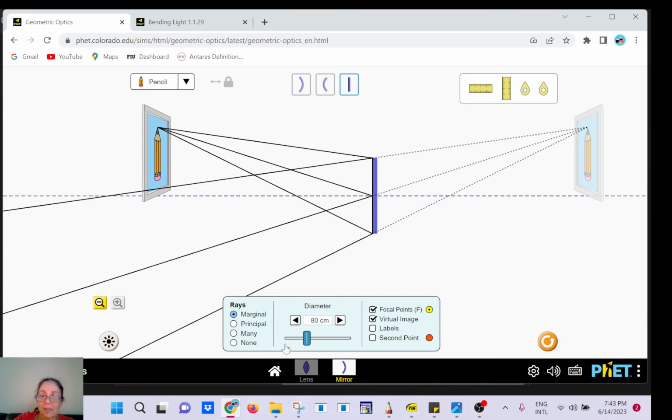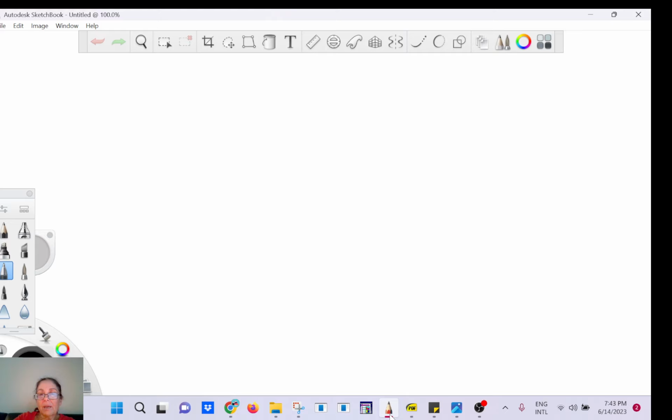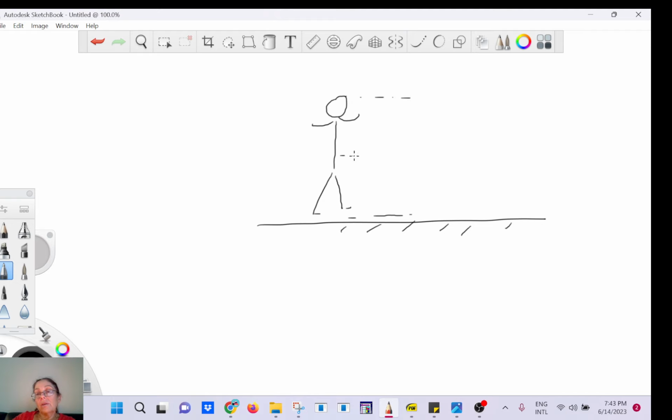Second of all, something to remember, if there is someone here looking in the mirror, and we discussed that in the lecture, if you want to see the full body, all you need is a mirror which is half the height of the person or bigger.